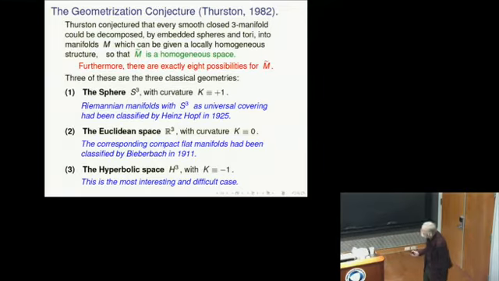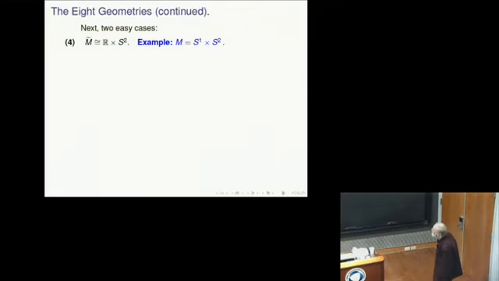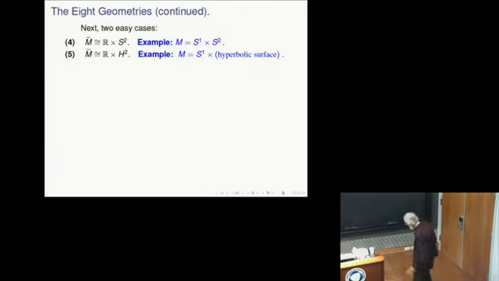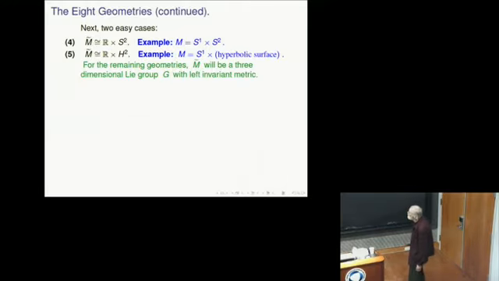The next 2 possibilities are also pretty obvious. You can have circle cross 2-sphere, or circle cross a closed hyperbolic manifold. These also have a homogeneous structure in an obvious way. The last 3 are much less obvious. They're all examples of 3-dimensional Lie groups with a maximally symmetric left invariant metric.